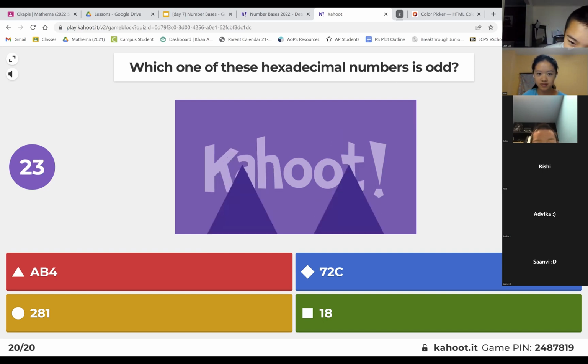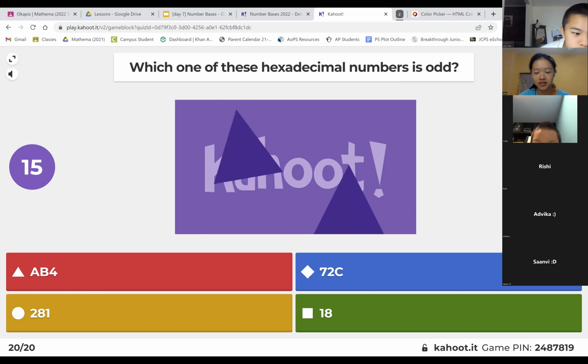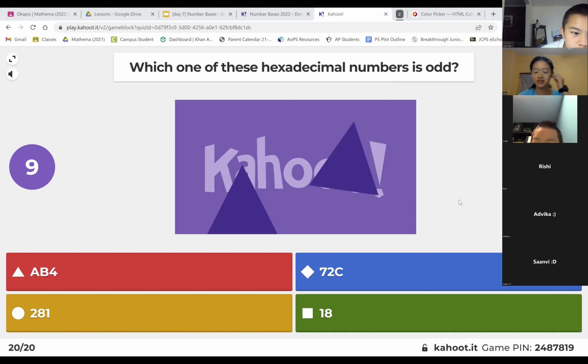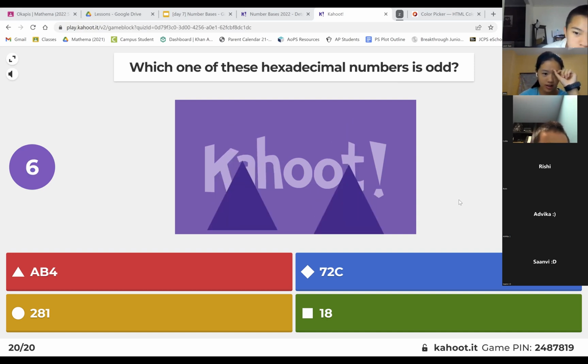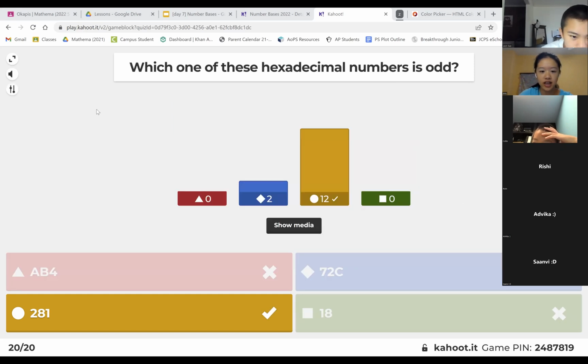Yeah, we went over hexadecimal very briefly. Okay, so the answer is yellow, because if the last digit is odd, then the number is odd. If the last digit is even, then the number is even. So this is the only one with an odd last digit.